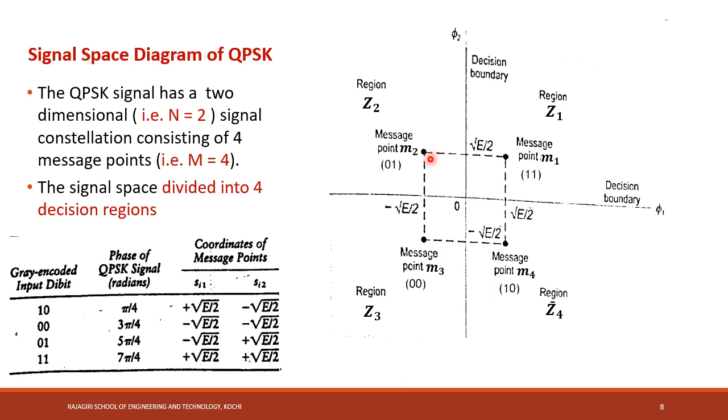To do this, I form a square joining the four message points, and then draw the perpendicular bisectors through the sides of the square. That is how I divide it into four decision regions: Z1, Z2, Z3 and Z4.